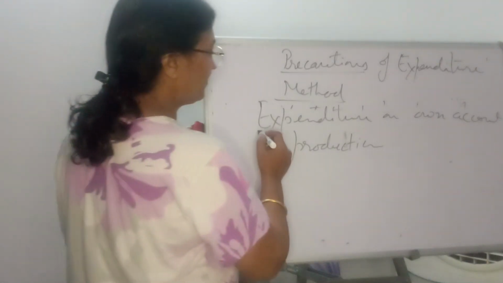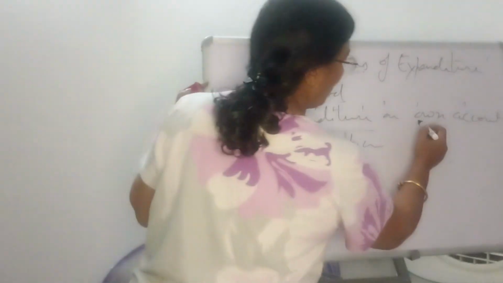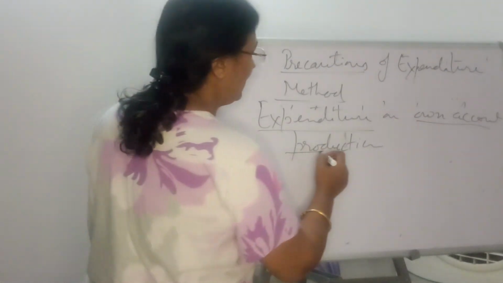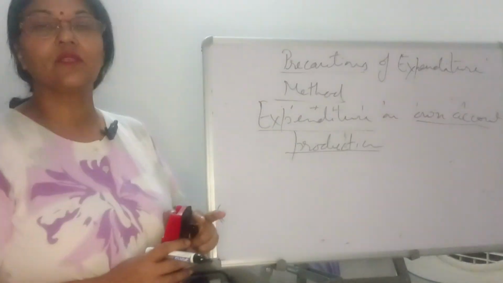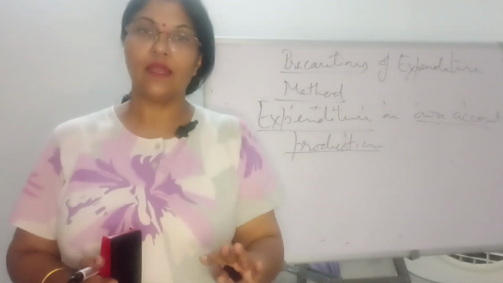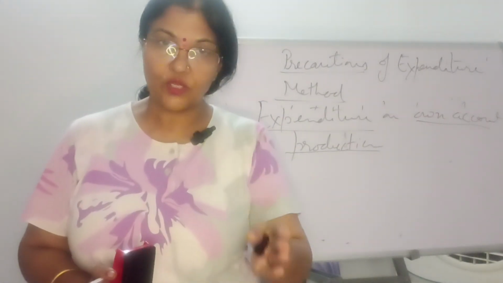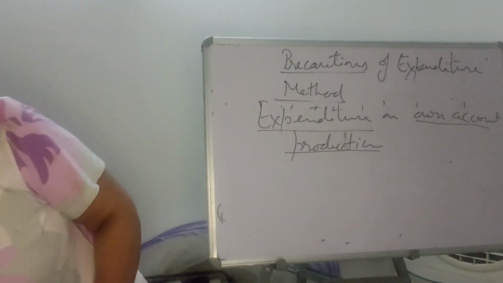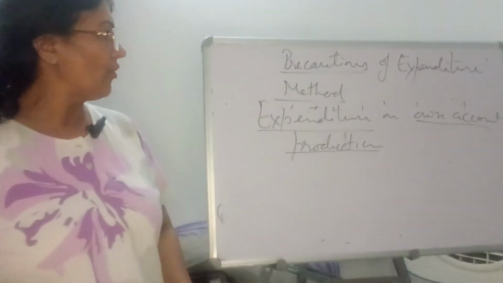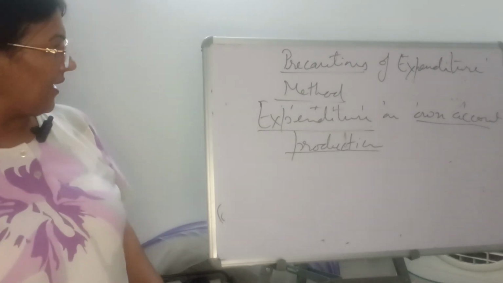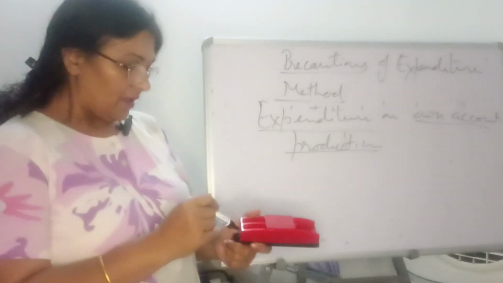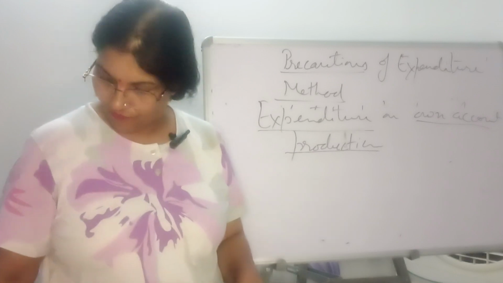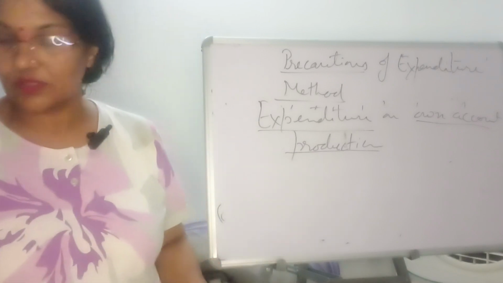So production expenditure which is done on own account, on their own self, is to be added because it is the imputed value, and this is the production of this year, right? So we are supposed to take the precautions of the expenditure method, and we have to be in practice of concept calculation if we want to get good marks, right?